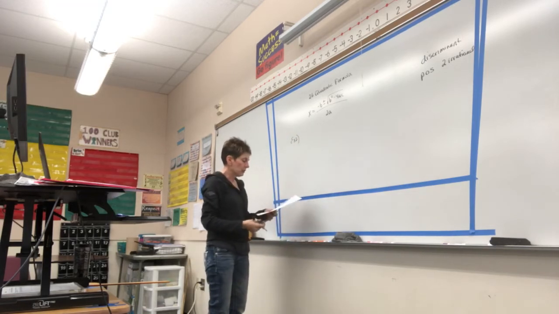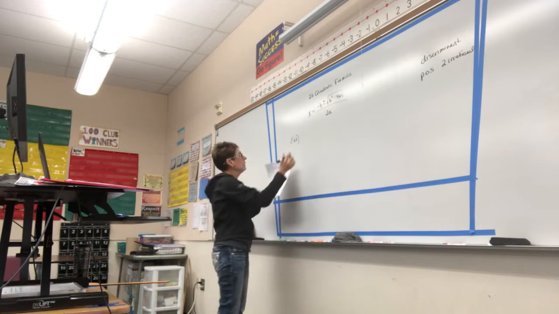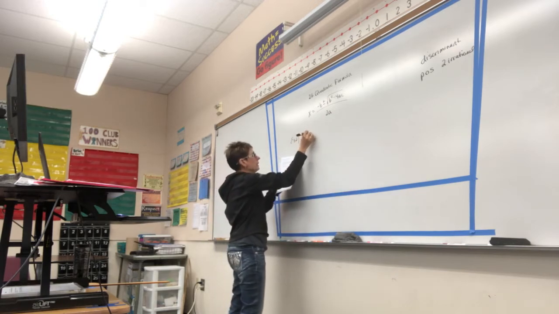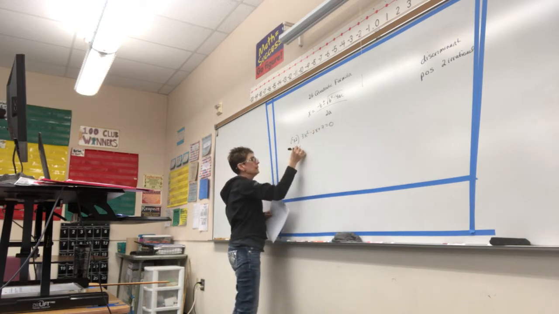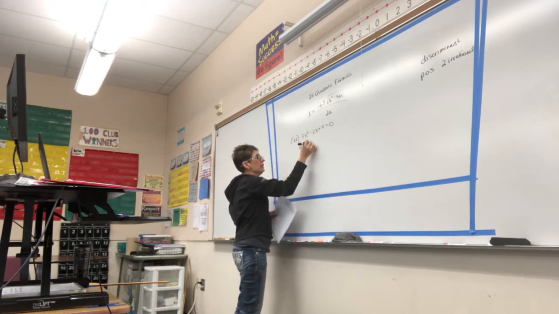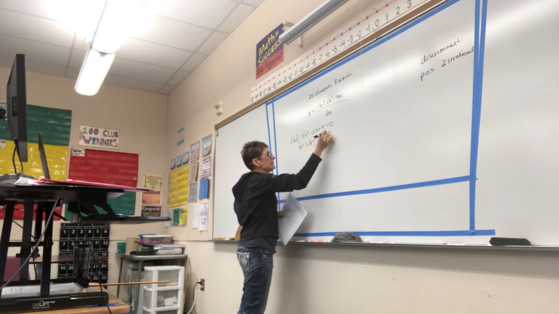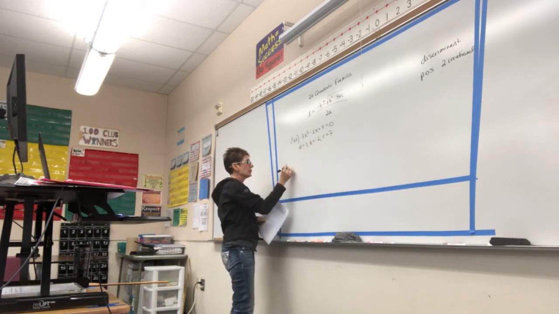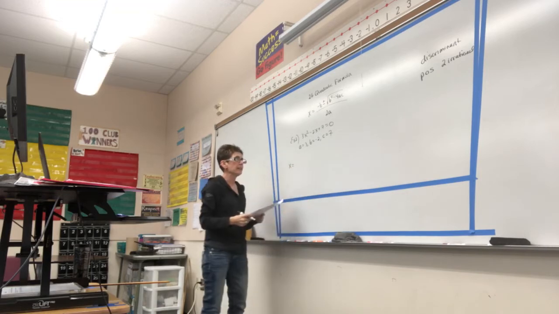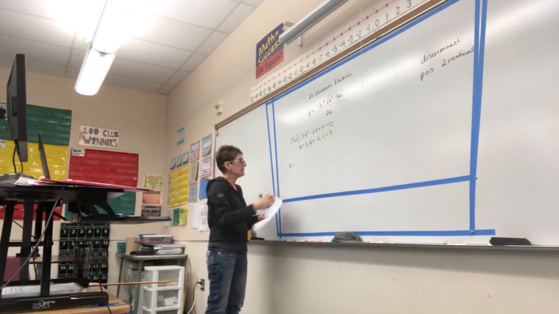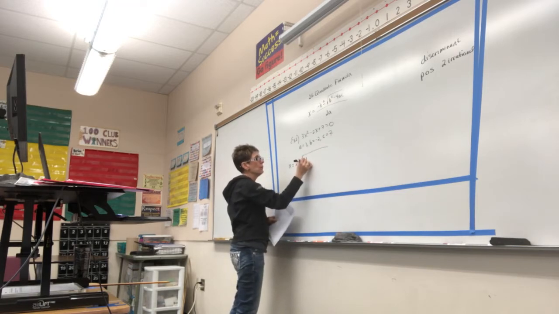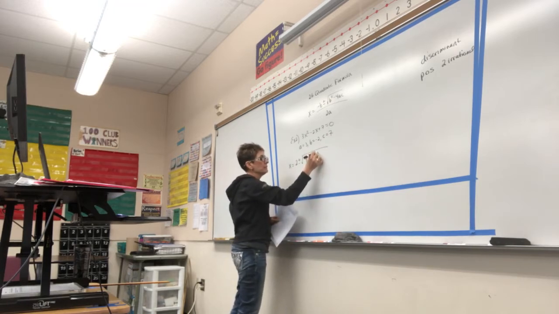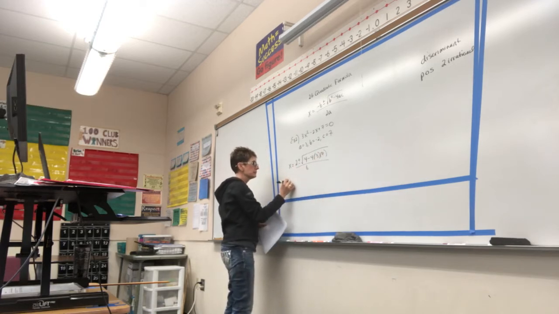All right, example number 2, we've got 3x squared minus 2x plus 7 equals 0. Again, we have an a of 3, a b of negative 2, and a c of 7. So we're going to solve this by plugging in everything we have. x equals 2 plus or minus the square root of 4 minus 4 times 3 times 7 all over 6.